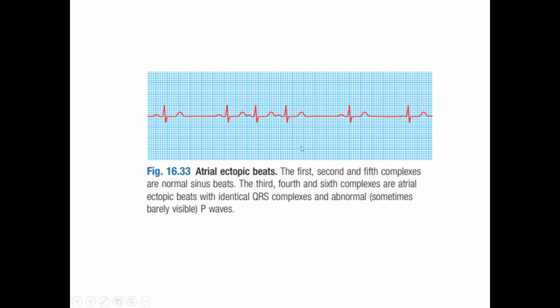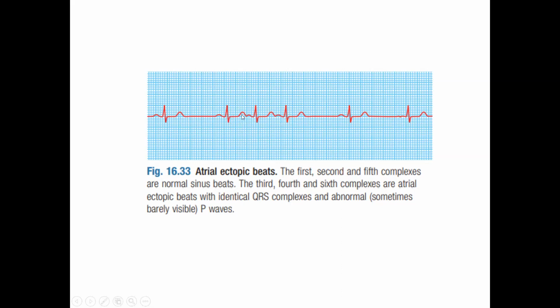In the first session we were discussing that the P wave is the thing concerned with atrial function. So here the P wave is abnormal and the QRS complex is normal. So these are the normal heartbeats, but in between the normal ones, there is an ectopic beat.